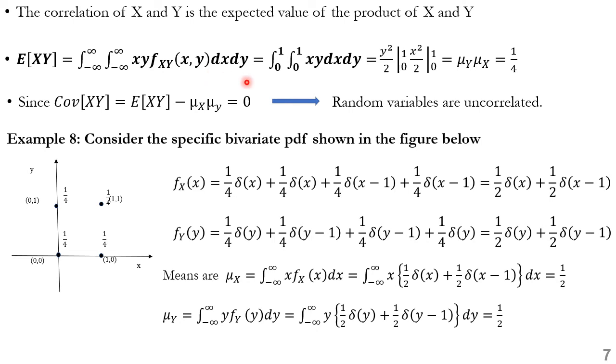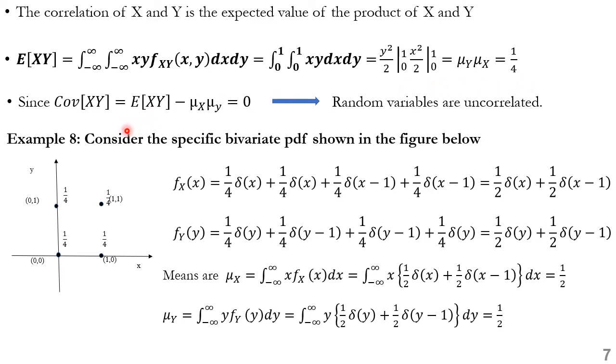Here we know that x varies from 0 to 1, y also varies from 0 to 1. It is xy, and fxy is going to be 1, into dx dy. When we simplify this, we get the answer as 1 by 4, that is equal to mu x mu y, because mu y we have got as half, mu x also half, half into half gives you 1 by 4.